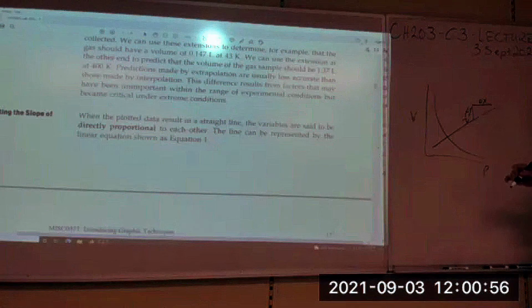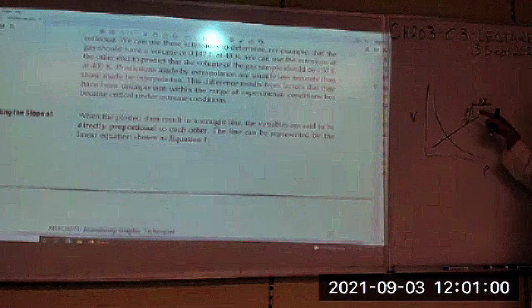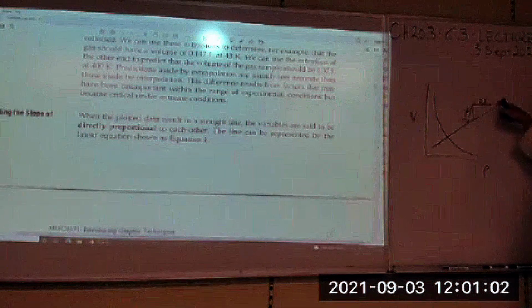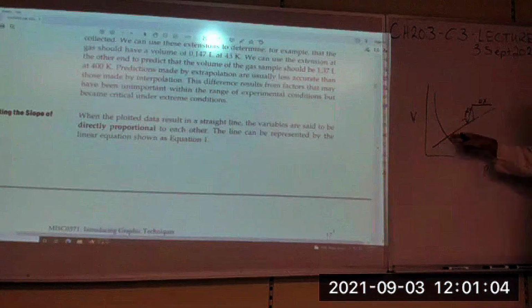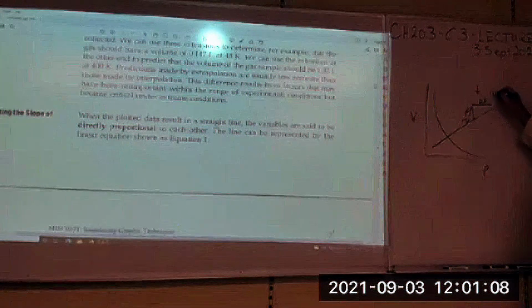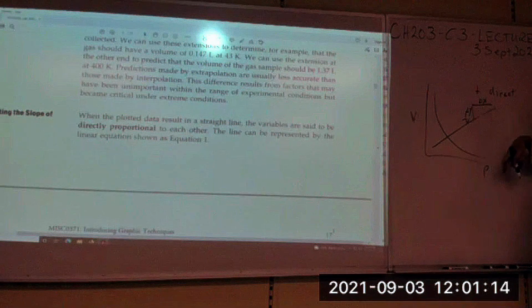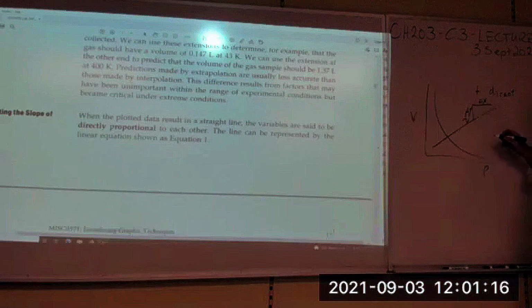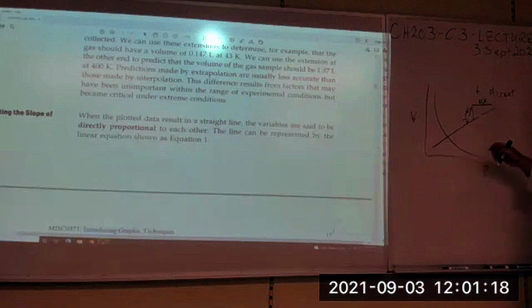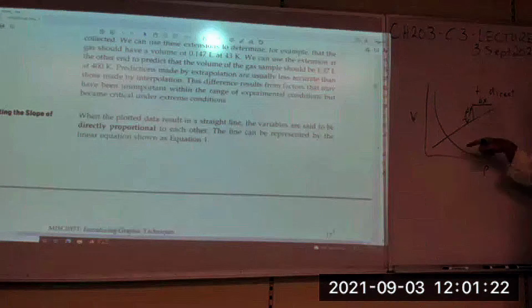So if that's a positive value, right, both are positive, increase, increase, then the line is going to slope this way. So if the slope is positive, that's a direct proportionality. But if it goes the other way, it's like this, then the rise is negative. As you're going this way, this one actually decreases, right? So the change is negative.